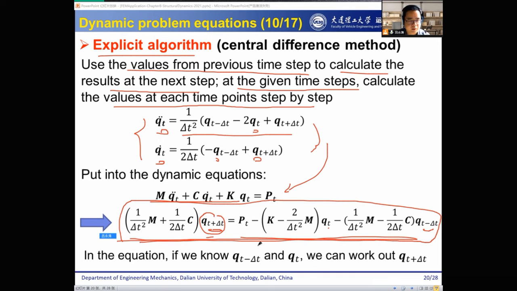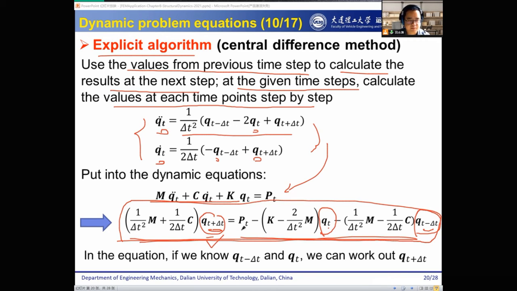Why is it a very typical explicit equation? Because once you know the value of q at time t and at time t minus delta t, then you can use the equation to quickly work out the displacement at the next time step. That's why it is explicit, because you can explicitly solve the problem.